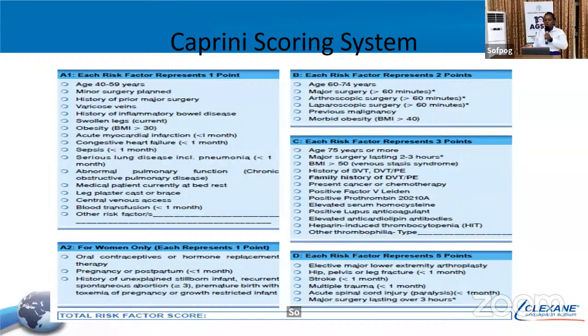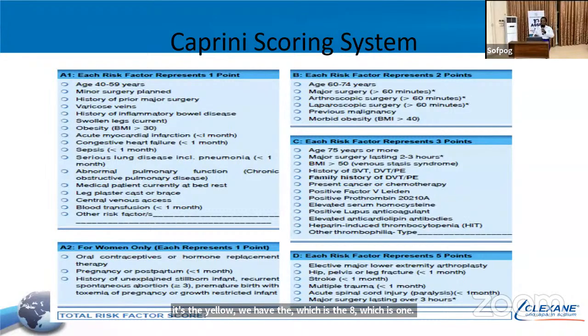So a 60-year-old will have the first risk, which is the age, which is 1. Then we look at the weight, which is BMI greater than 30. If that applies to your patient, you take that as well, which is also another score of 1. Then you look at the other risk that the patient might have. And if the patient has had a stroke, you take it as well.